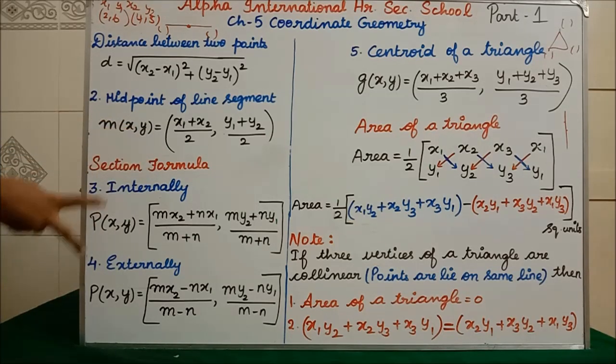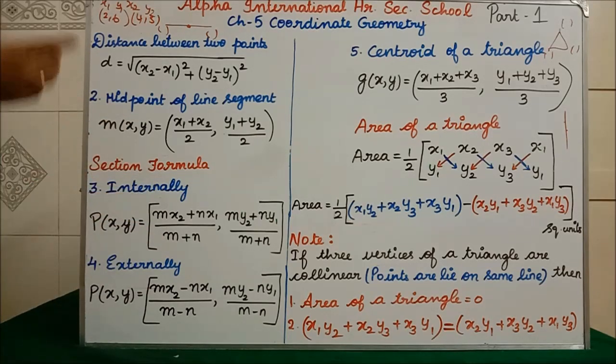In the section formula, we have two types: one is internally and another is externally. Internally means it divides the line in the ratio m is to n. Similarly, externally means it divides in the ratio m is to n.